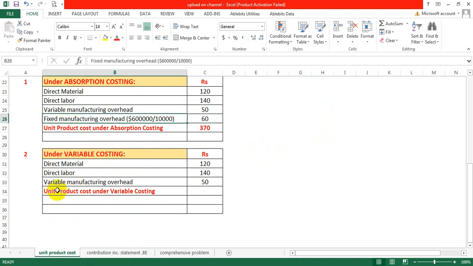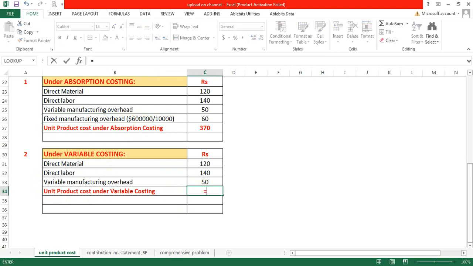This is not part of variable costing. Under variable costing, we exclude fixed manufacturing overhead from our product cost. So what is my product cost? Take these three values and sum them. So my product cost under variable costing is 310, right?